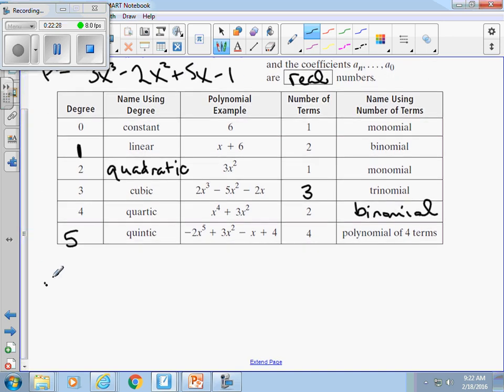So those are some names of polynomials. Any questions about these names? How many of you knew some of these already? Before, good.